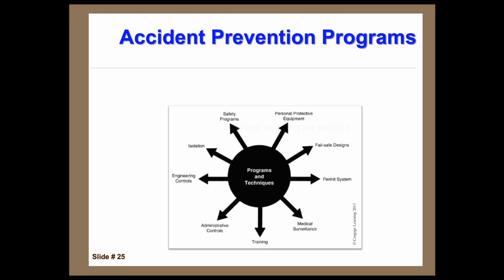Organizations conduct different accident prevention programs, and these programs and techniques are different. For example, they conduct different trainings, they explore administrative controls, engineering controls, isolation, different safety programs for the employees, personal protective equipment they provide to the employees, fail-safe design and permit systems, and medical surveillance.